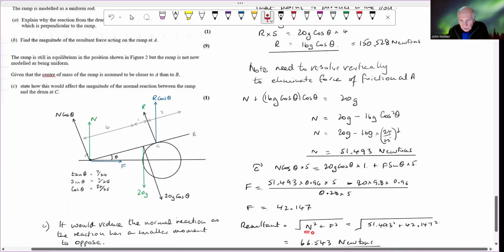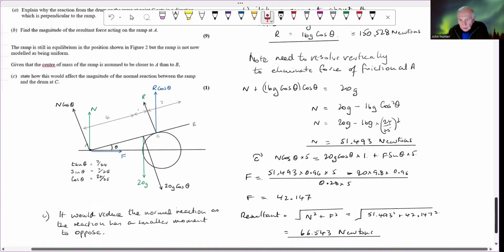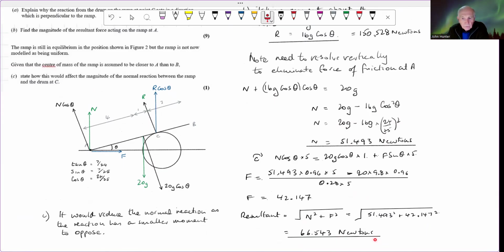Right, so the resultant force, if we're just looking at our triangle of forces, is just a Pythagoras type calculation. So N squared plus F squared. When we plug those in, what we get is a result of 66.543 newtons. And I should put the accuracy on there, which is 3 significant figures.